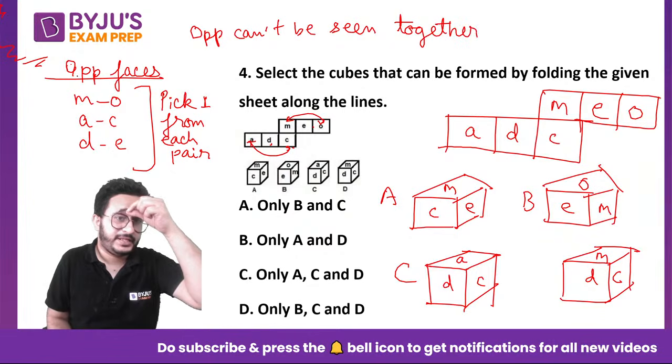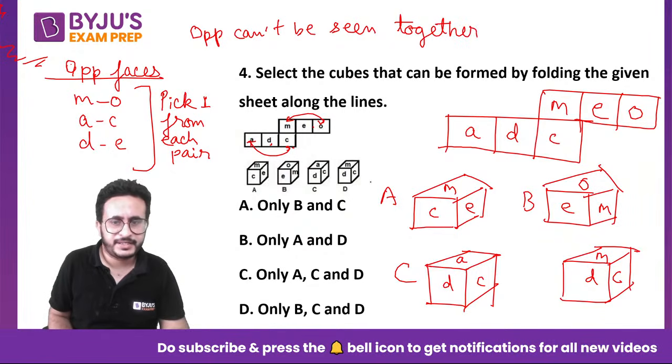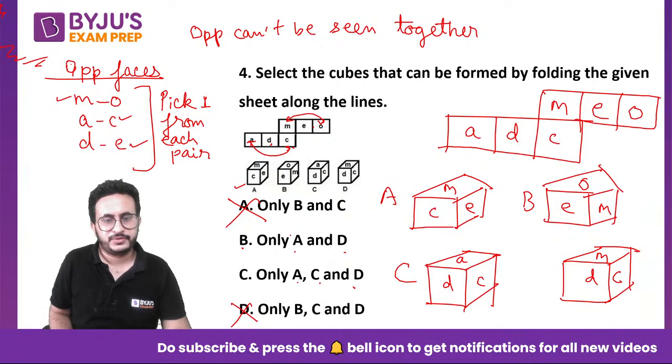Okay, now if you see A, A contains M, C and E. We are getting one from each pair, so A is possible. Now when A is possible, we can eliminate option A and option D. Okay, now if you see option B is only A and D and C is saying only A, C and D. Now instead of checking B and D, we can just check C and tell the answer.